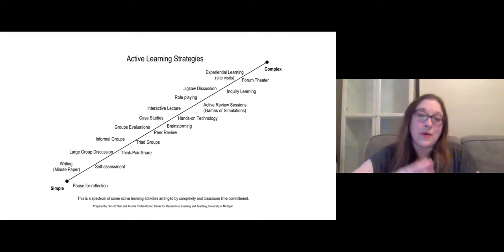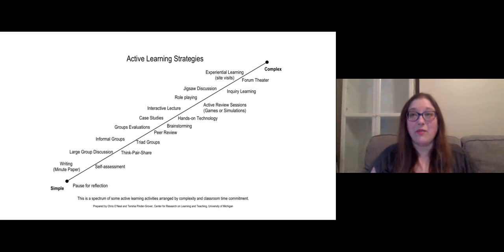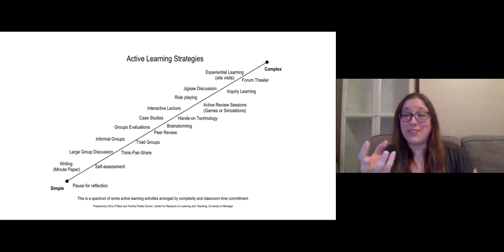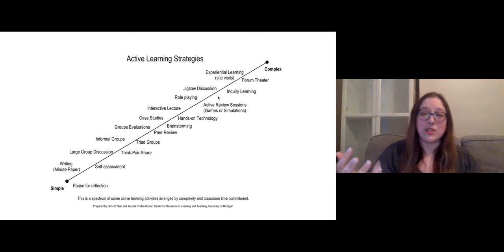And one of the things that we can think about, right, is that they do also operate on that Bloom's taxonomy, where some active learning strategies are going to be more helpful for certain types of tasks or certain types of learning than others. So I liked this because it helped us move from a simple pause for reflection or simple minute paper, where students are just responding to a question, to more complex, right, experiential learning or role-playing, where they're doing more complex tasks versus simpler tasks.